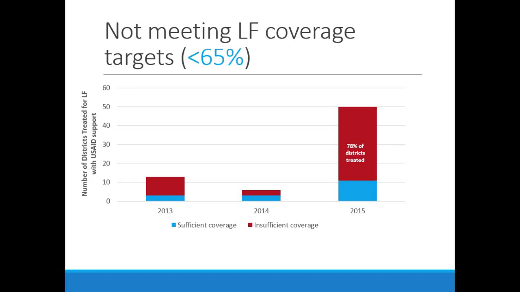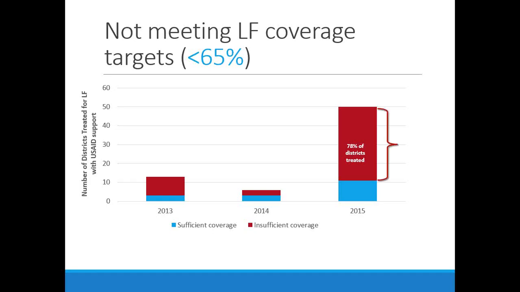So you can see that between 2013 and 2015, there is more red color than blue color. It means that the result was really not good. Just as an example, in 2015, 78% of the districts did not reach their targets. That means in terms of number of districts, that 39 districts did not reach their targets.